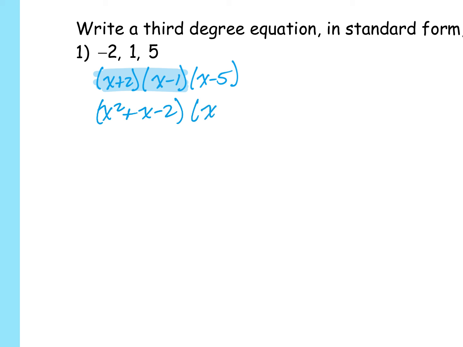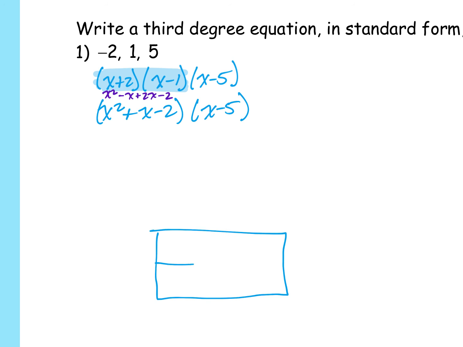You can multiply it out and get that. And then I just FOILed it. So I get x squared minus x plus 2x minus 2. There we go.